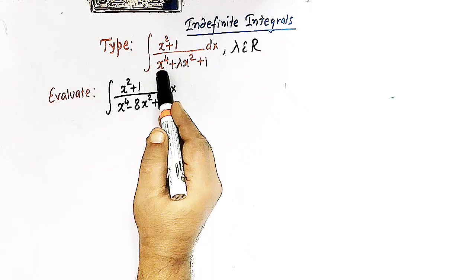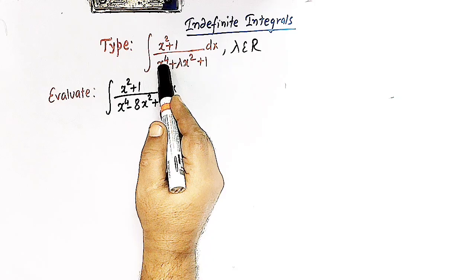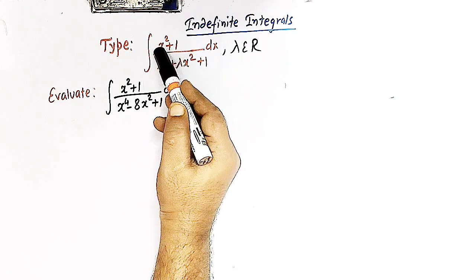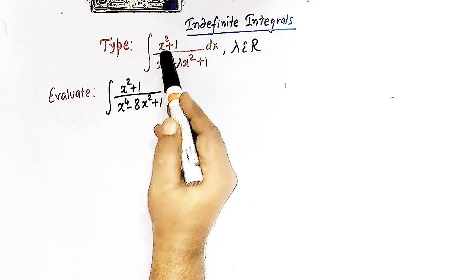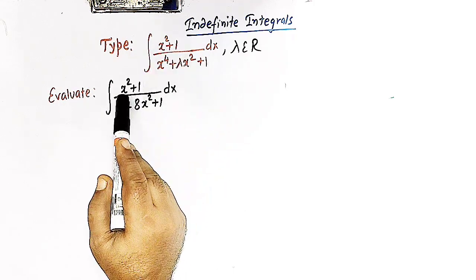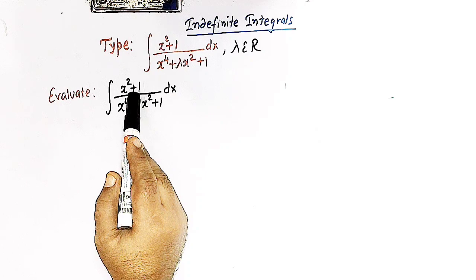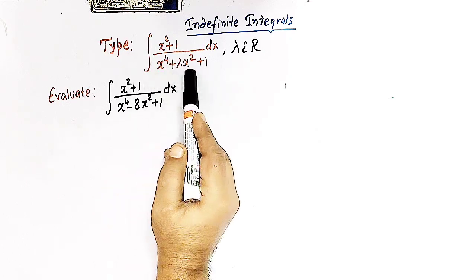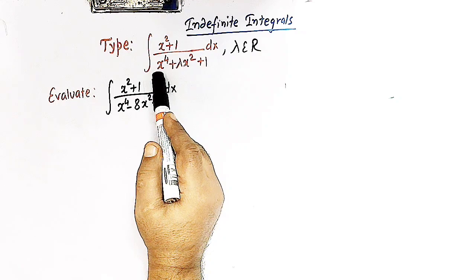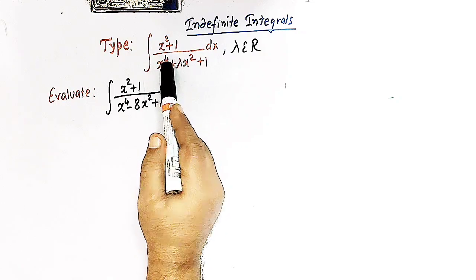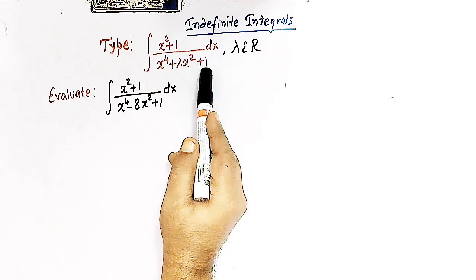Here we can see that the integrand has a numerator and a denominator. The numerator is a quadratic function of the form x square plus 1, and the denominator is a biquadratic function, that is of degree 4, of the form x raised to 4 plus lambda x square plus 1.